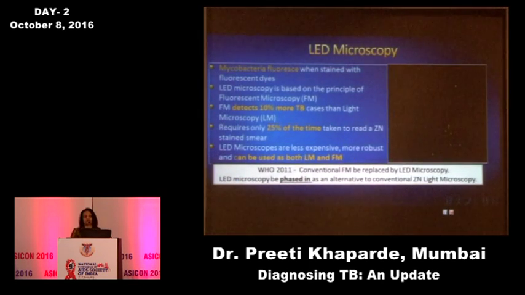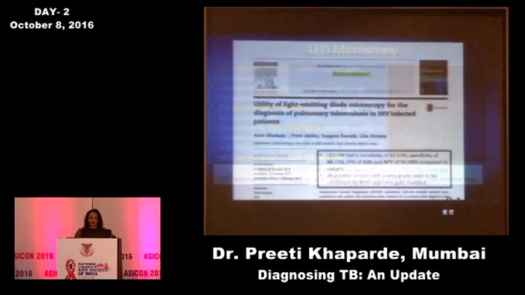So in 2011, WHO gave a policy guidance on replacing conventional sputum microscopy, and in a large setup where fluorescence microscopy is being done, to be replaced by what is called light emitting diode microscopy. This works on the principle of fluorescence microscopy, and it was advised that it be phased in and provide an alternative to conventional ZN microscopy.